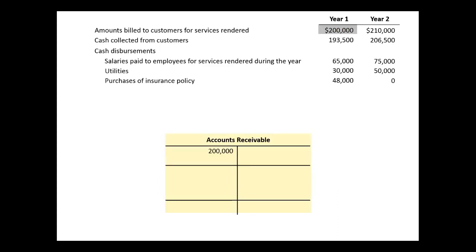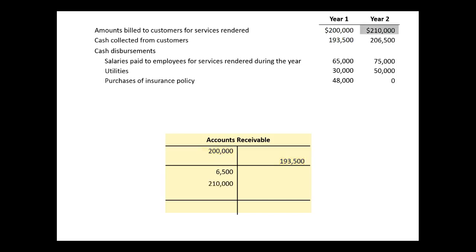As far as the receivables go, we show the accounts receivable at the end of year one had a debit of $200,000. Well, when we received the cash from customers, we credited that receivable, so we end up with a $6,500 balance at the end of year one.